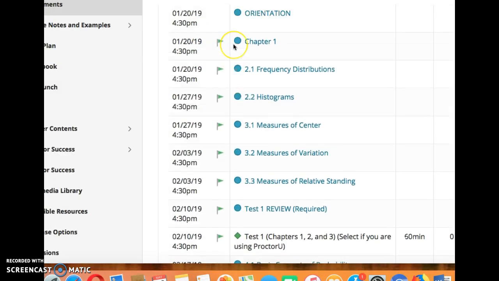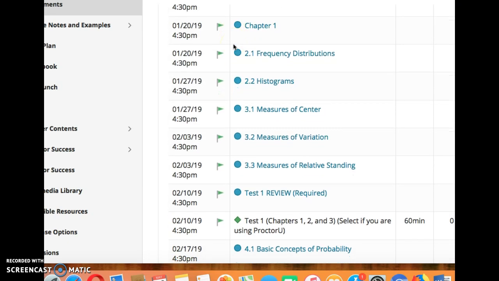Switching over, here's a breakdown of the different sections and the content that you will learn throughout this course. First, beginning with Chapter 1, it is an introduction to statistics, discussing important terminology that will be used throughout the course.